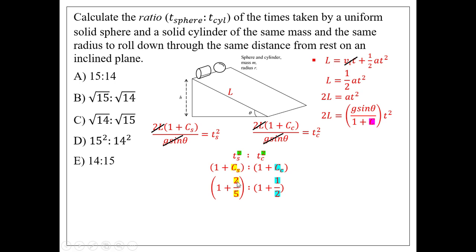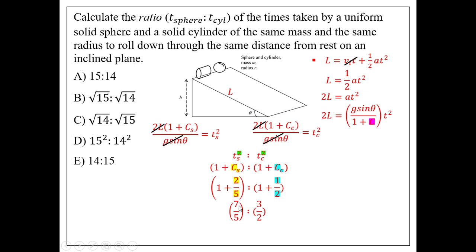The coefficient for the solid sphere is 2/5. The coefficient for the cylinder is 1/2, and then this is 1 plus 2/5. So to find a common denominator, 1 can be written as 5/5. 5 plus 2 is 7. Common denominator is 5, so it'd be 7/5. And then this is 3/2 on the right side, which you've done hopefully 3 times now.